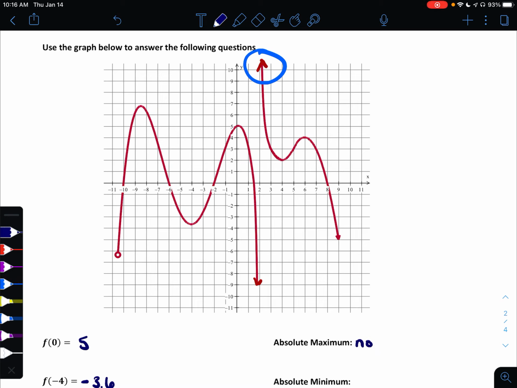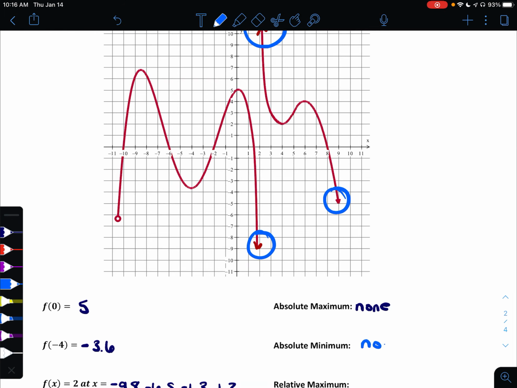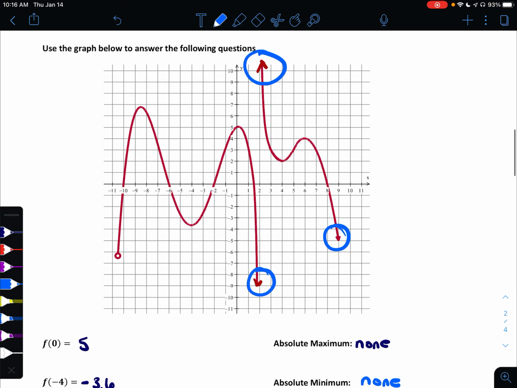So therefore, there is no absolute maximum. And similarly, we have these two arrows on the bottom that are pointing down toward negative infinity. So same thing, because our graph never reaches a minimum point, it just keeps going down and down forever. There is no absolute minimum either.